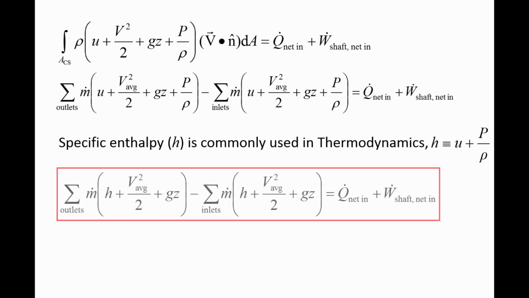The conservation of energy equation then becomes the sum of m dot times the quantity h plus v average squared over 2 plus gz for all outlets, minus the same quantity for all inlets, equals the rate of heat transfer into the control volume plus the rate of work transfer into the control volume due to rotating shafts.